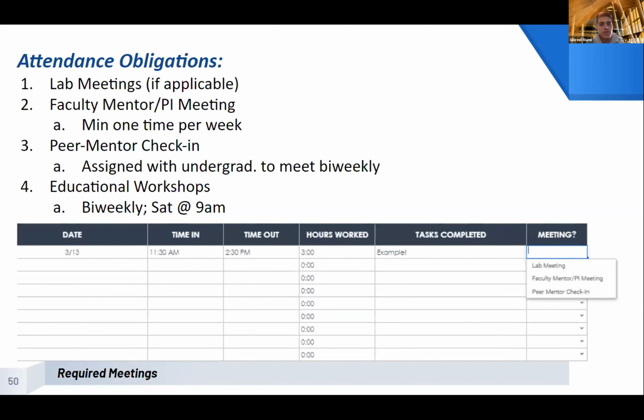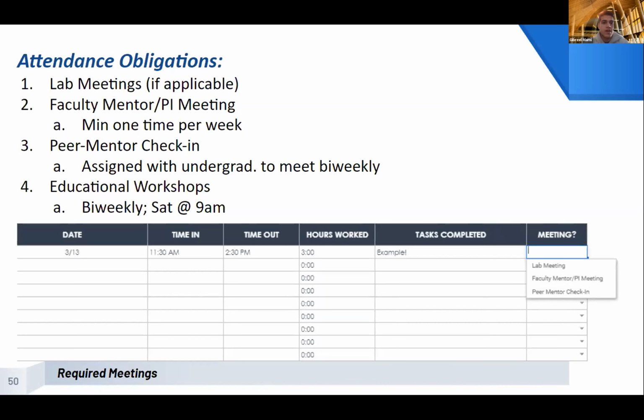And for the attendance, there are the lab meetings, if applicable. Some people are going in person and some people are online, so it all depends. Everyone has to meet with their faculty mentor or PI at least once per week, just to double check that you're all on the same page, and keep track. Then there's the peer mentor check-in.